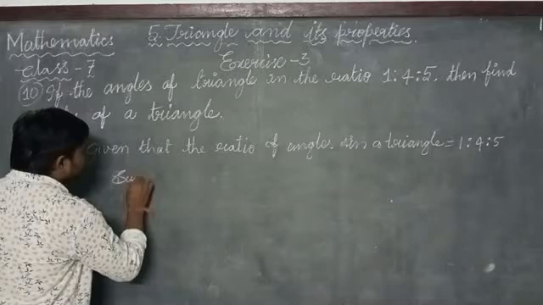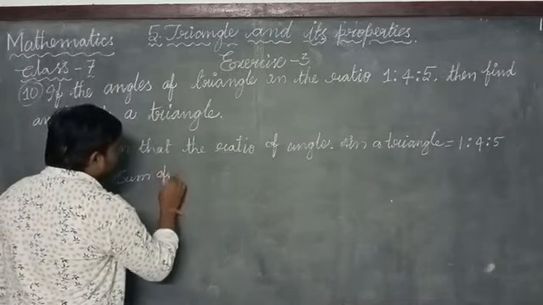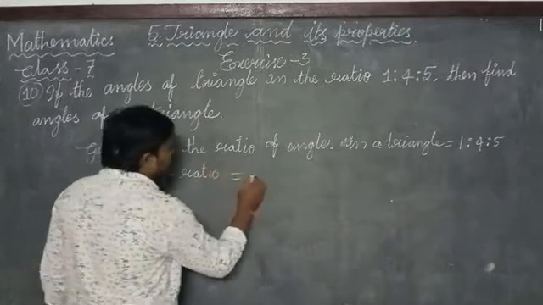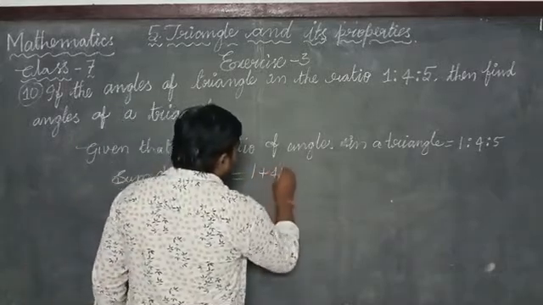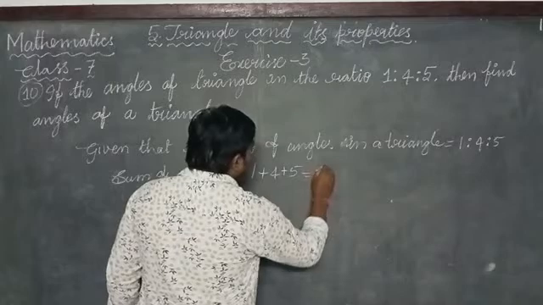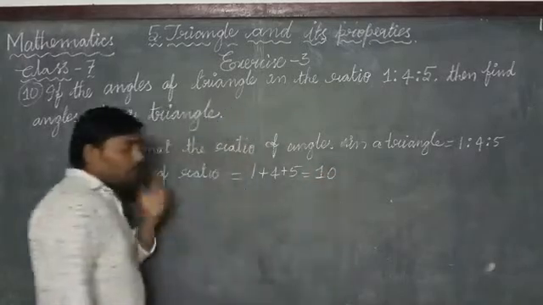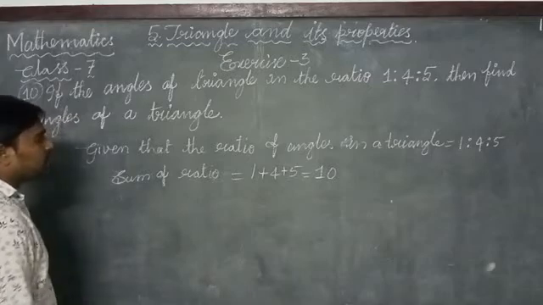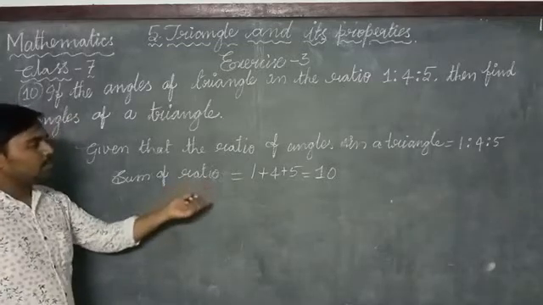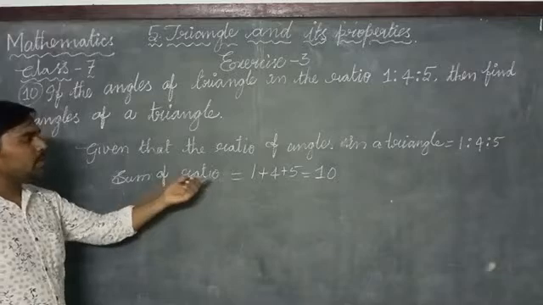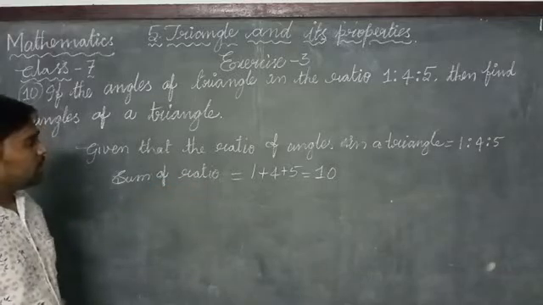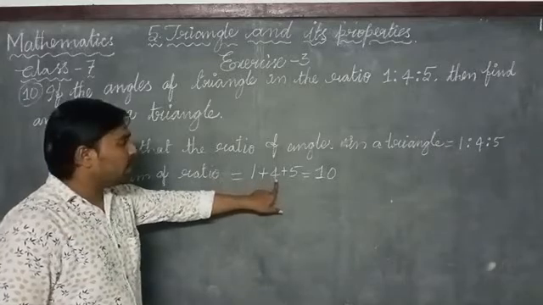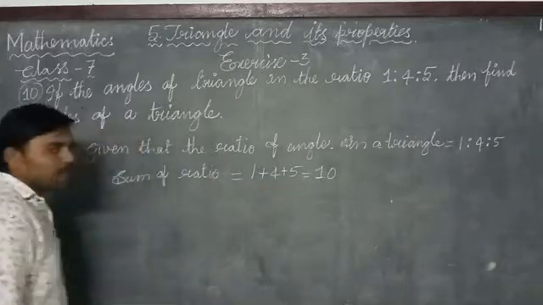Sum of ratio equals 1 plus 4 plus 5. It means 10. The total parts are 10. Here the ratio is categorized into 10 parts. One angle has one part, the second angle has 4 parts, and the third angle has 5 parts.